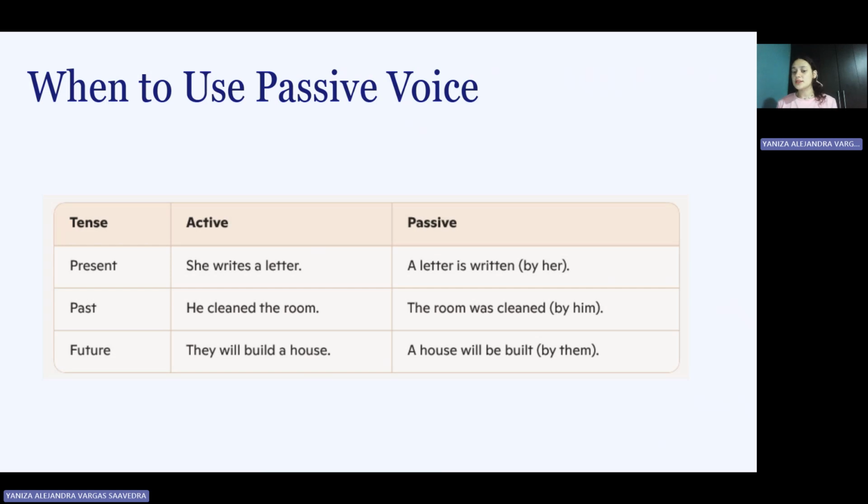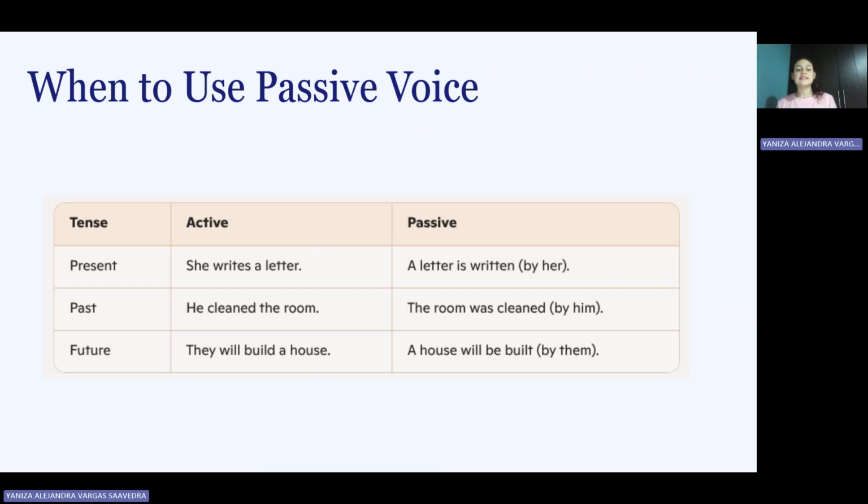The passive voice is a letter is written by her. In the past, in active voice, you say he cleaned the room. But in the passive voice it is the room was cleaned by him. So you focus the sentence on the object, not on the subject.